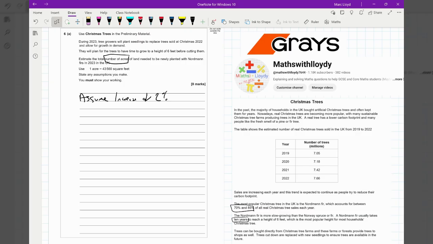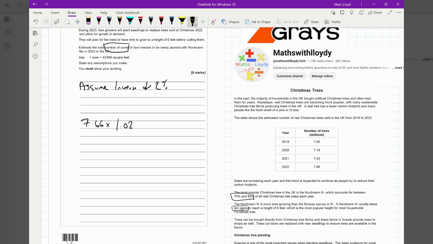Okay, so now what I need to do is work out what's going to be the demand in 10 years' time from 2022. So 7.6 million times by 1.02, and then one bit here, it says in the prelim material, it takes them 10 years to reach that height.